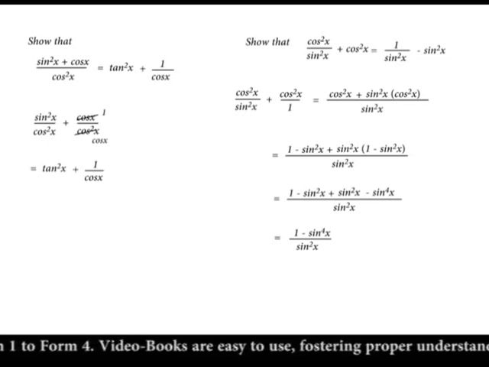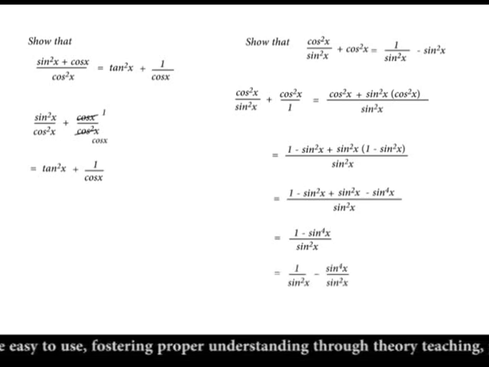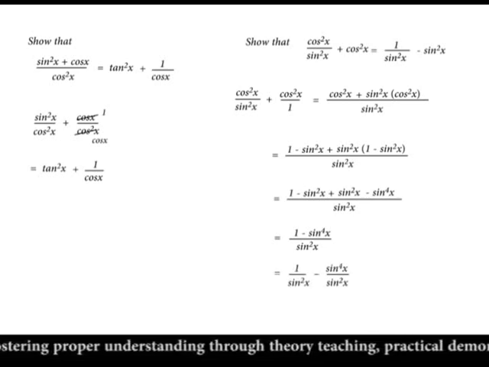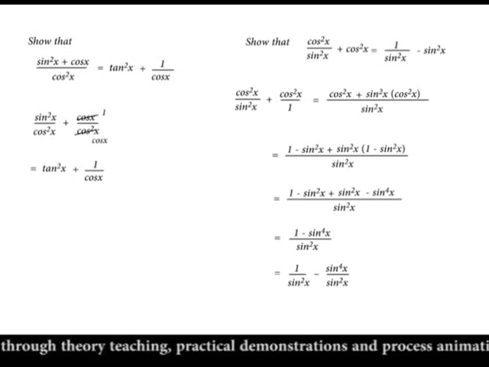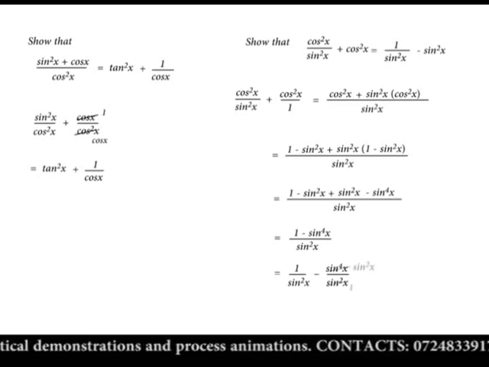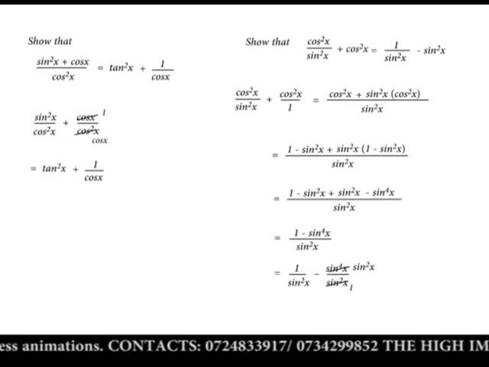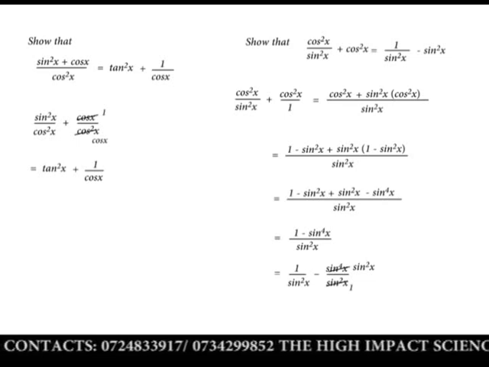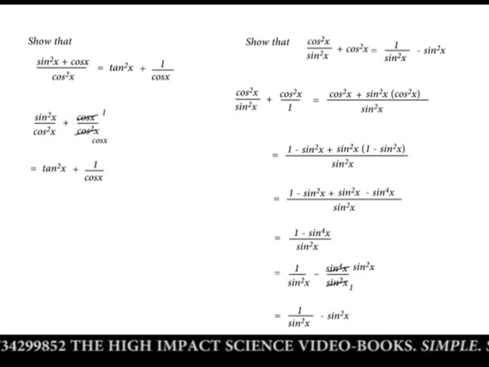We break that into distinct fractions, and we shall have 1 over sin²x minus sin⁴x over sin²x. Sin²x will divide into sin²x once and into sin⁴x sin²x times, and so we shall remain with 1 over sin²x minus sin²x.